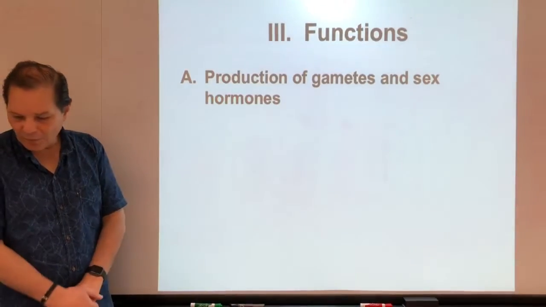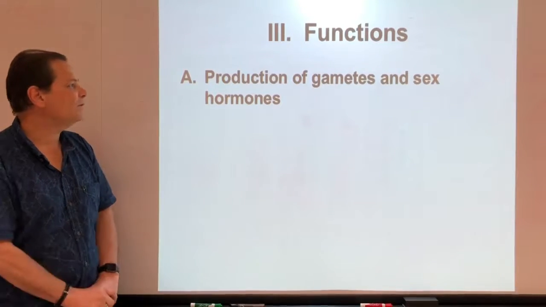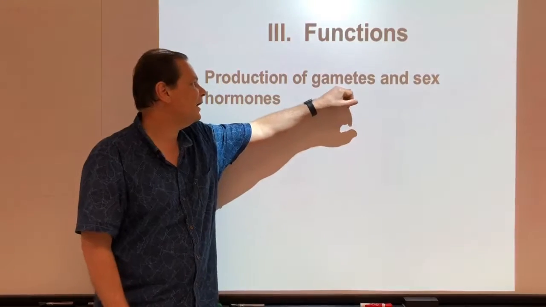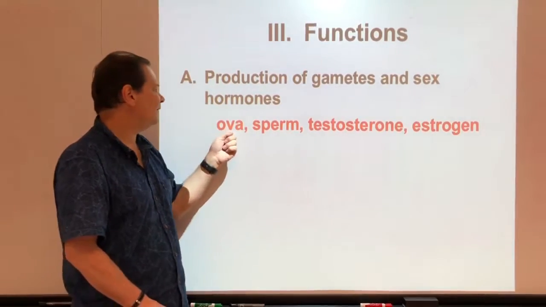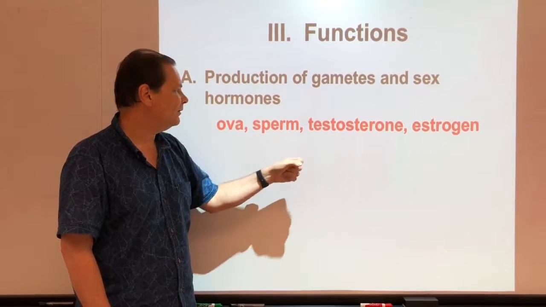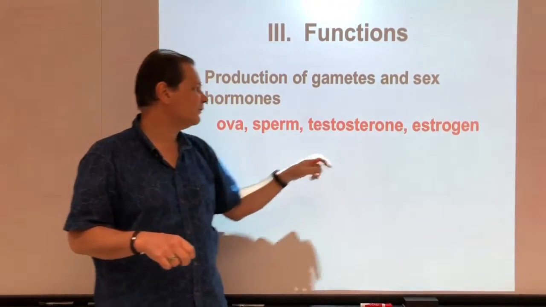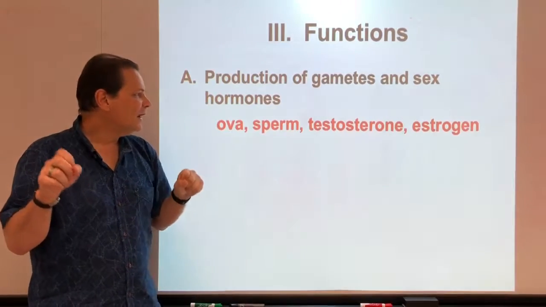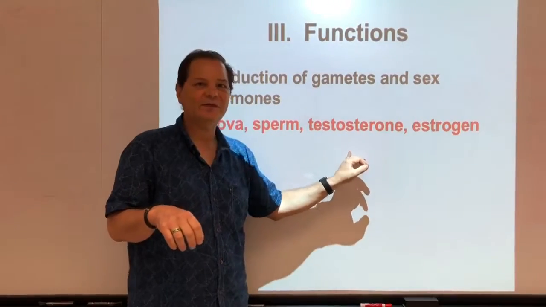Okay? So, in terms of functions, function number one: produce the genetic material, produce gametes and sex hormones, and by that we mean basically ova in the ovaries and sperm in the testes in the male. Testosterone is the, quote, male sex hormone, a steroidal hormone. Estrogen is the, quote, female hormone. I put those in air quotes because they exist in both sexes.